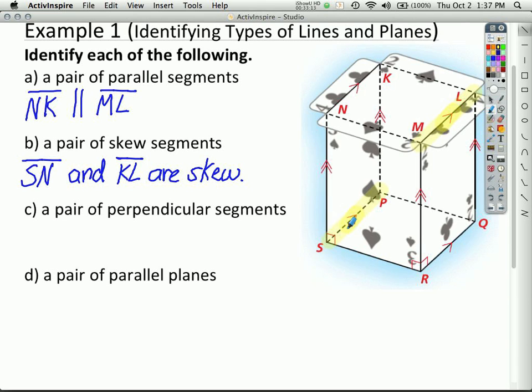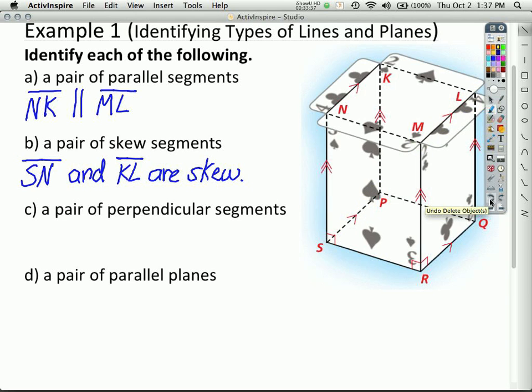So this takes a little thought, and I don't blame you. First time I went through it, I had to go through it a bunch of times till I understood. So unfortunately, those are not skew because they are parallel to each other. We could draw a plane through them diagonally, so they are coplanar, okay? So, unfortunately, you're going to have to erase what you wrote and change it.